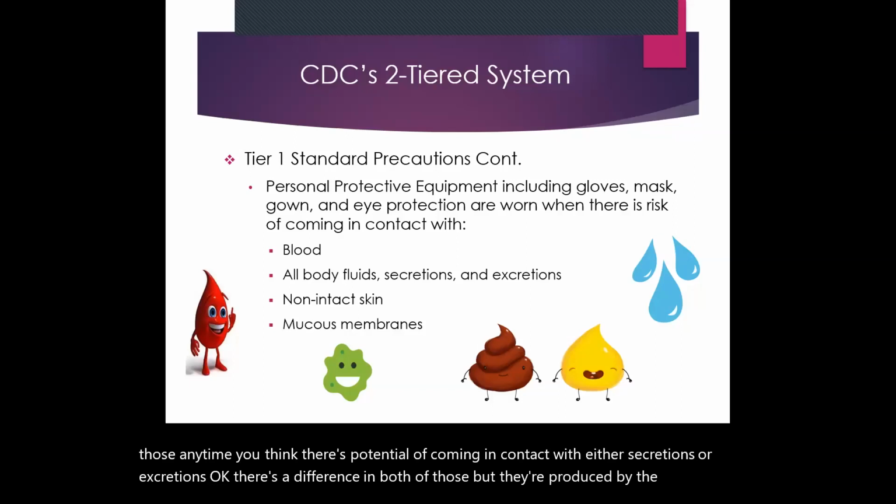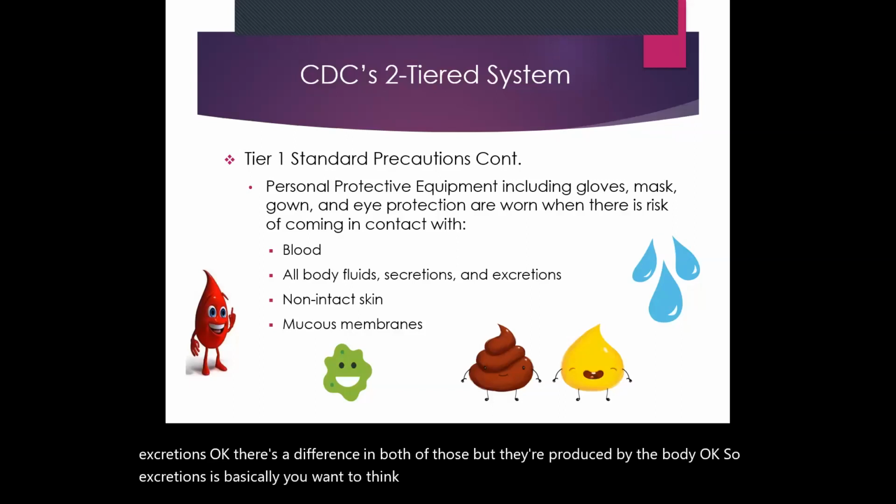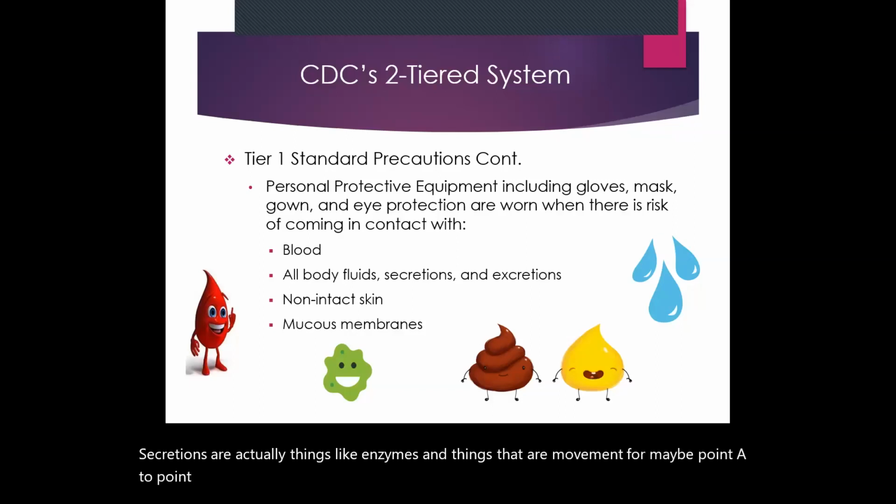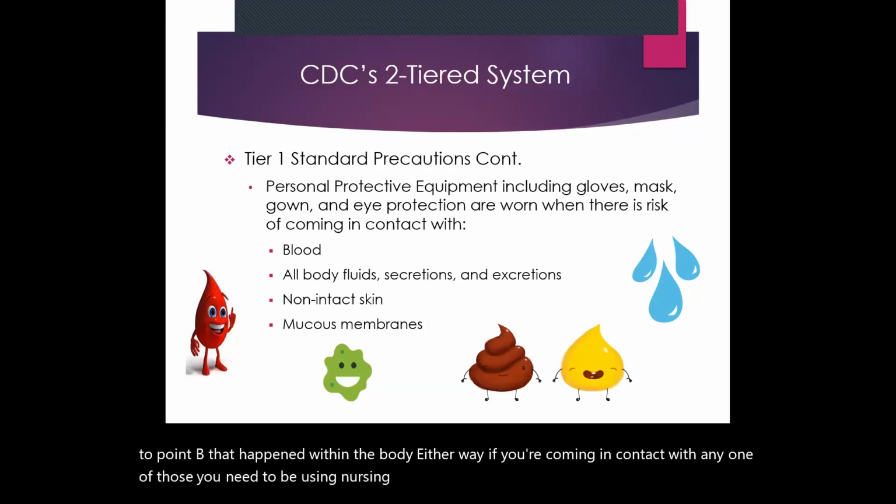So excretions you want to think about as maybe waste removal from the body. Secretions are actually things like enzymes and things that are movement from maybe point A to point B within the body. Either way, if you're coming in contact with any one of those, you need to be using nursing judgment as to which type of PPE you should be placing on, okay?